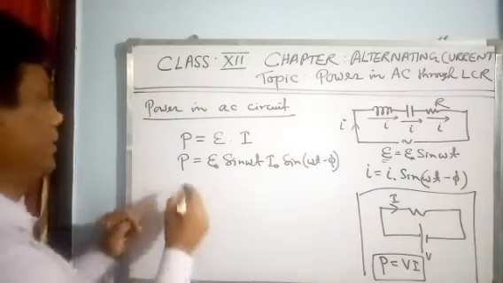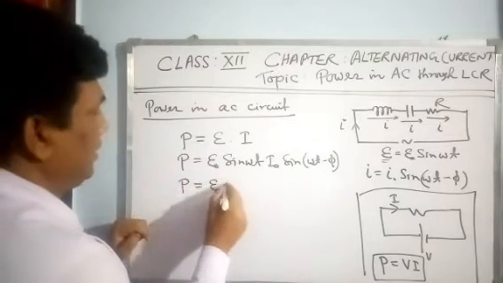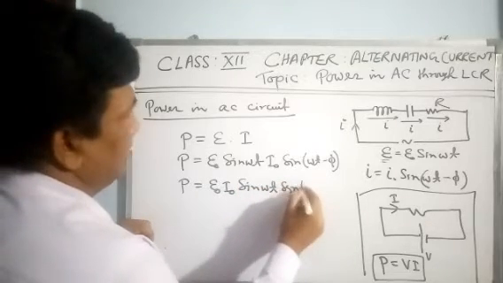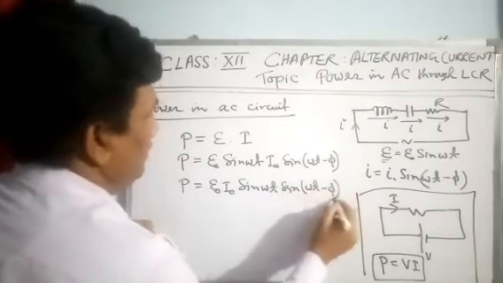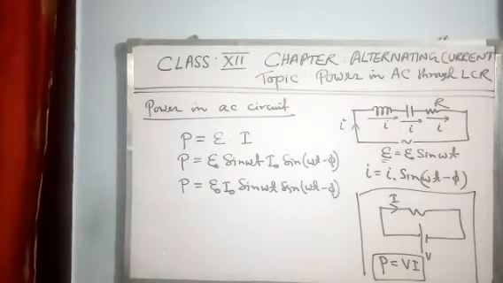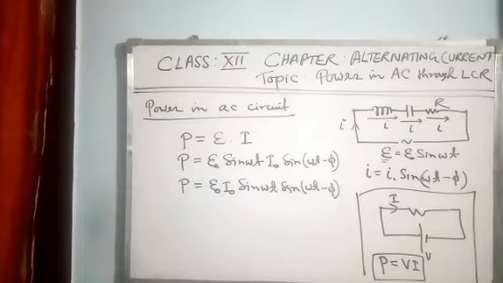If you want, you can write E naught I naught sine omega t sine of omega t minus phi. This is the general expression of power at any moment.